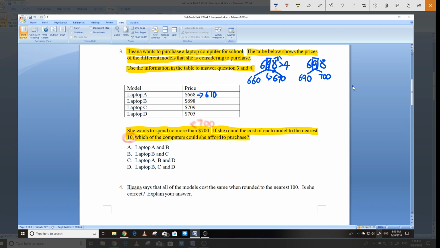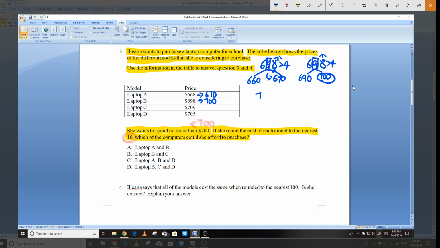So you can either go to 700 or 690. In this instance, the number on the ones place is an 8. So we know 8 is bigger than 4, therefore we go up. And we're going to pick 700 instead of 690. So 698 rounds up to 700.